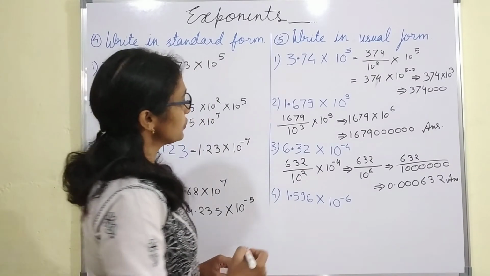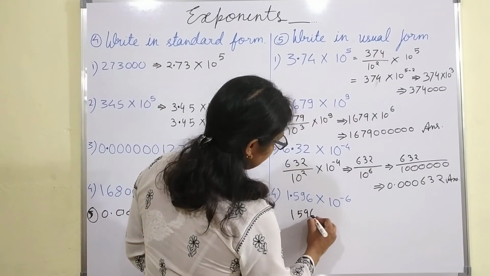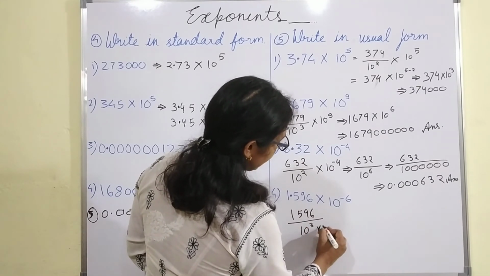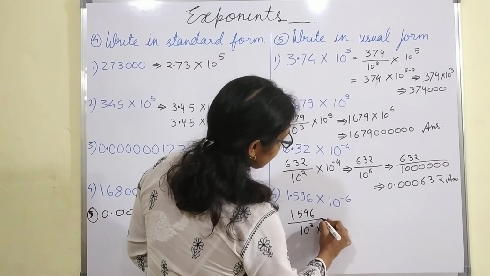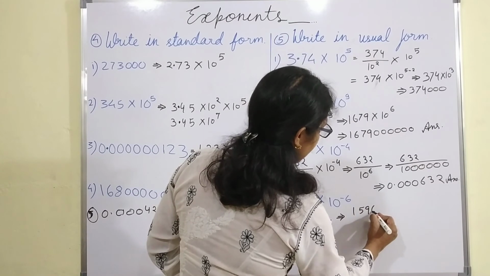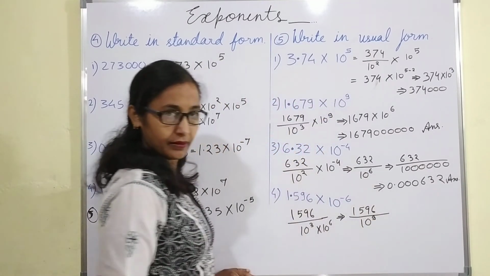Now the next question. 1596 divided by 10 to the power 3. I am bringing it here, 10 to the power 6. So it will become 1596 upon 10 to the power 9.